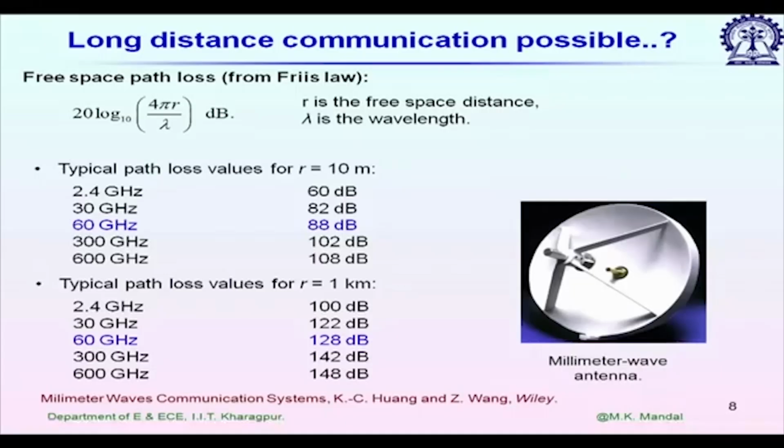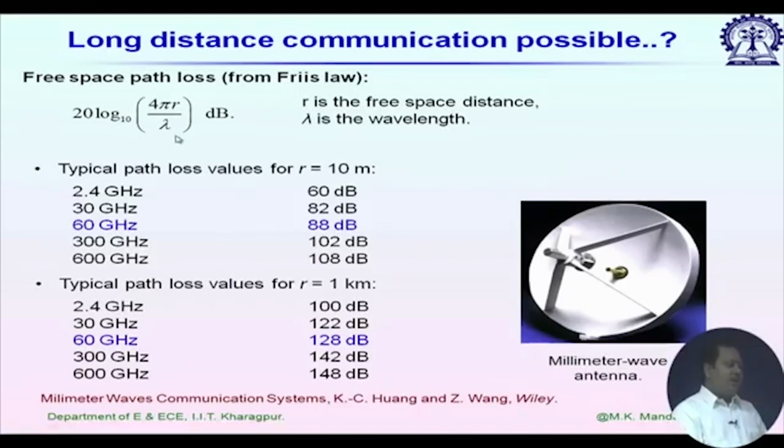Now, the intensity on that spherical surface obviously depends on the distance r. So, if I increase the distance from origin, then the power decreases with r square. So, this loss we call the path loss, and it is given by this expression. So, it is a function of r as well as a function of lambda, the wavelength.